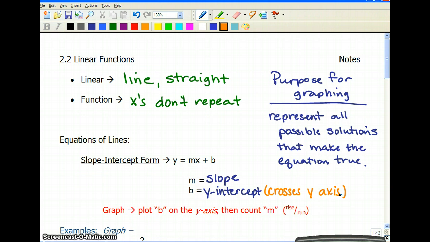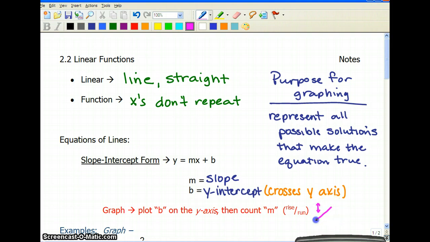Okay? So the basic concept here is if you want to graph using this form of a line, you plot the b, this number, on the y-axis. Then you count m, this number. Now that's the rise over the run. If you're rising, you're going up and down.